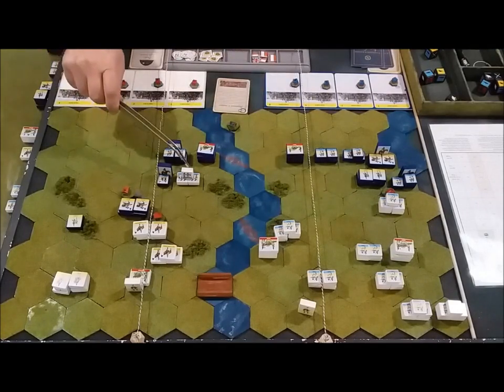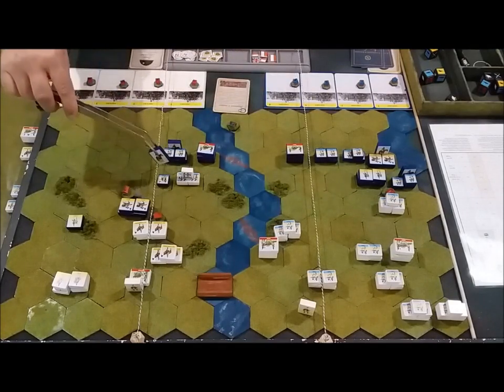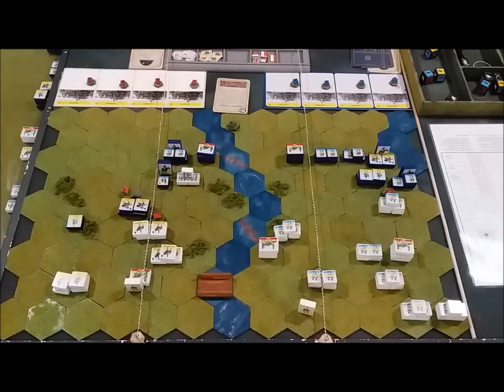So what we have now is the Grenadiers, and we're going to go against this light unit and leader here first. So we have Grenadiers, which are 3, plus 1 is 4, 4 being Grenadiers. And against that light unit, we get 1 retreat out of all of that. Wow.